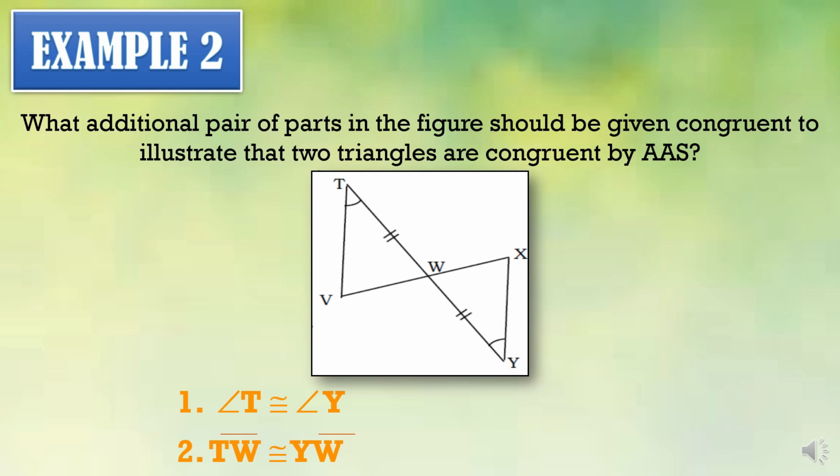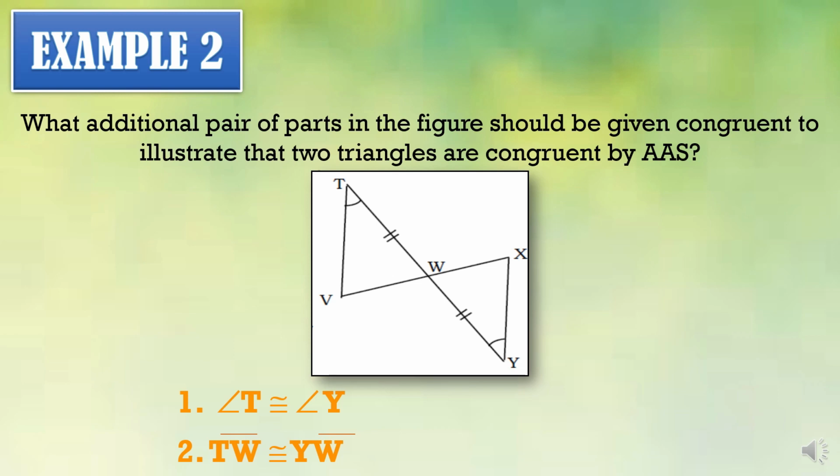So, the given are an angle and the non-included side. So, we are looking for another angle. You must consider that the congruent sides should not be in between the two congruent angles.